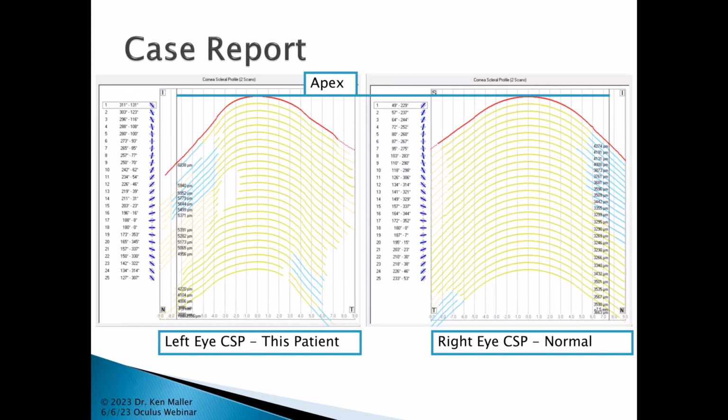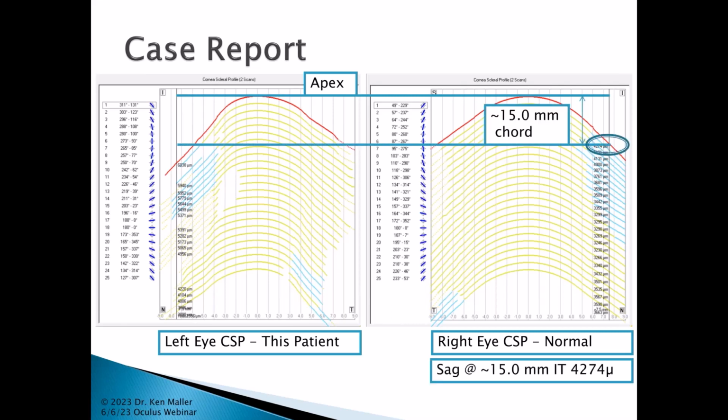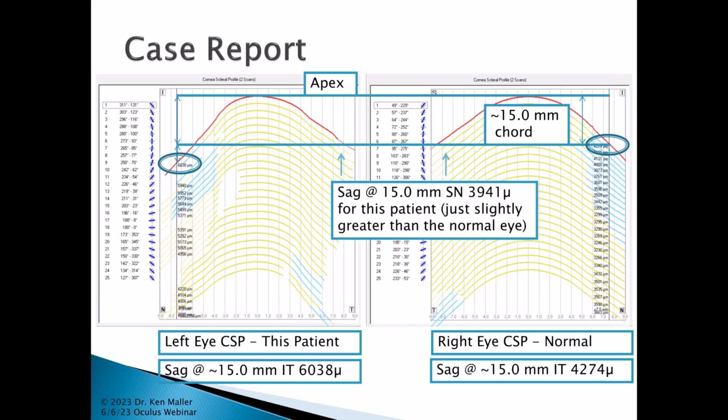I went ahead and left-clicked on that so you can get actual data measurements, and you can see at that 15 millimeter chord on the normal eye, we have a sag of 4274 microns. On the left eye, however, at that same location, we're at 6038 microns. That's almost 2 millimeters deeper down than it is on the normal eye.